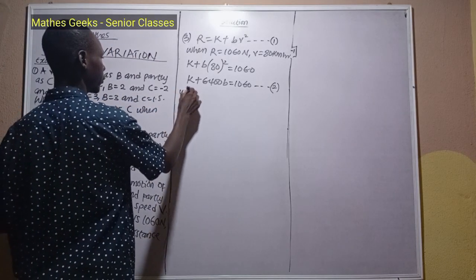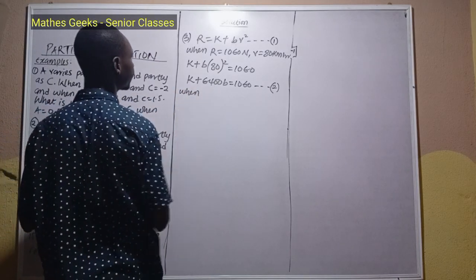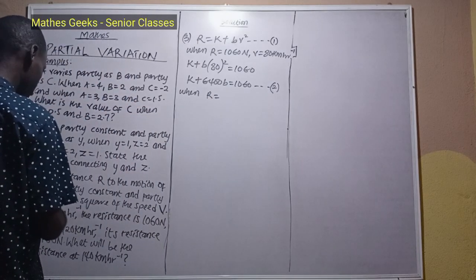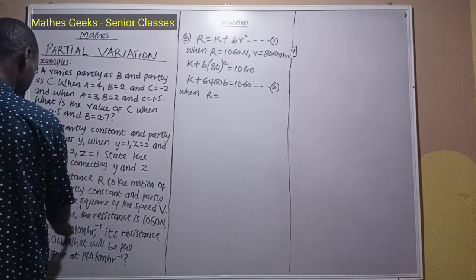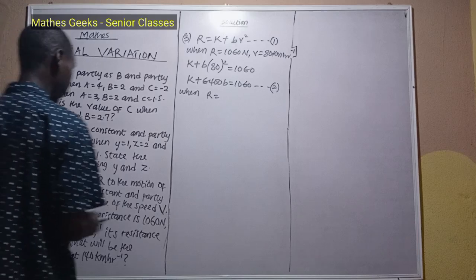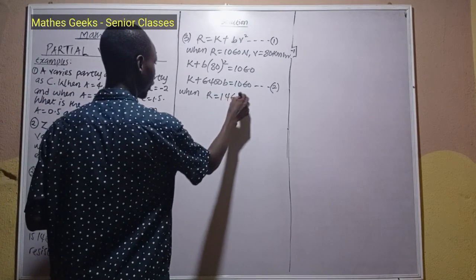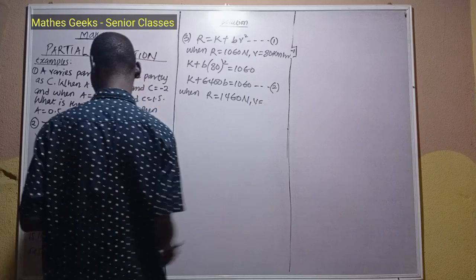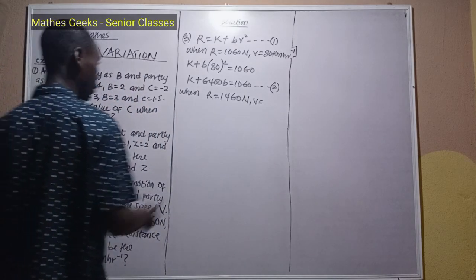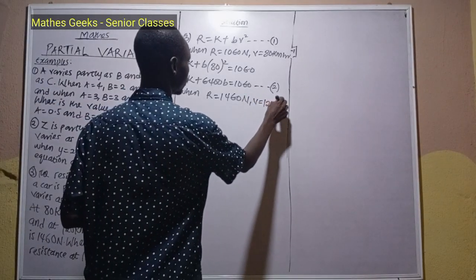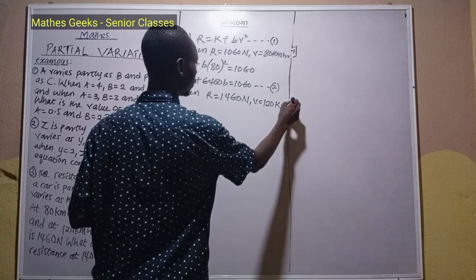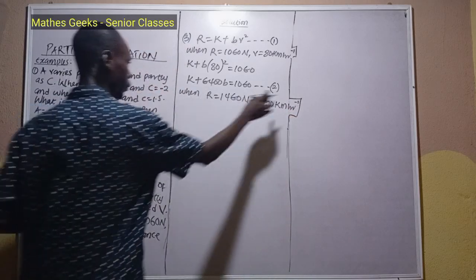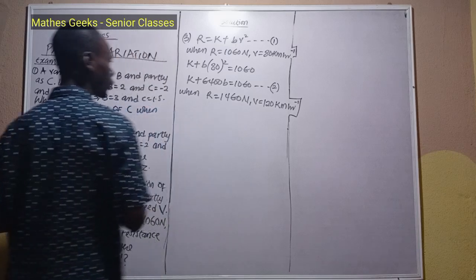And at 120 kilometers per hour, its resistance is 1460, so V is equal to 120 kilometers per hour.